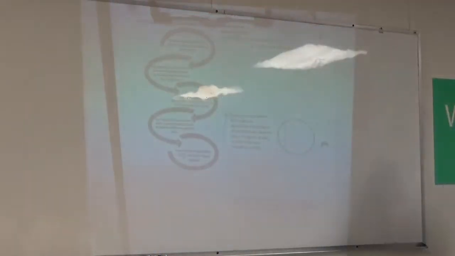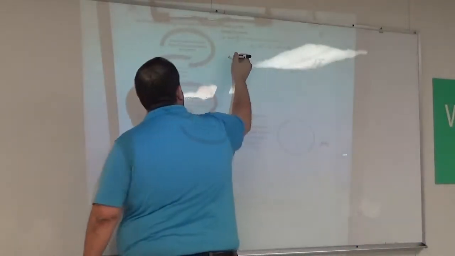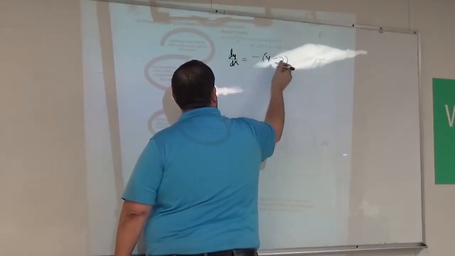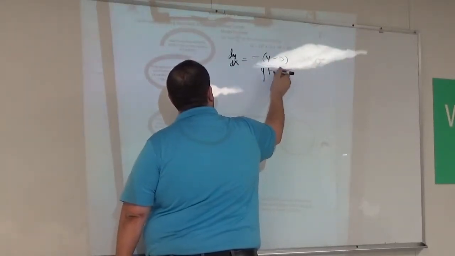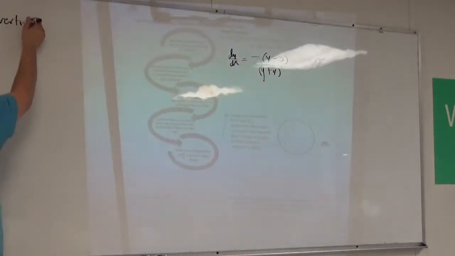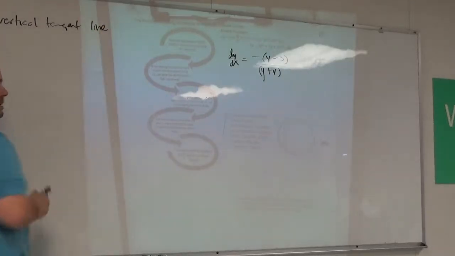Using your expression from part A, dy/dx, Jose, was it negative of (x minus 3) over (y plus 4)? Okay. Part C, vertical tangent line. You guys know what that looks like?